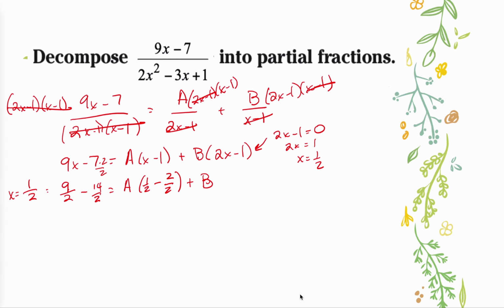And this, I know, is going to be 0 because I set it up that way. This is negative 5/2. This is negative 1/2. Multiply by negative 2 over 1. And that all cancels out neatly. And we're going to get that a equals 5, which is just delightful.